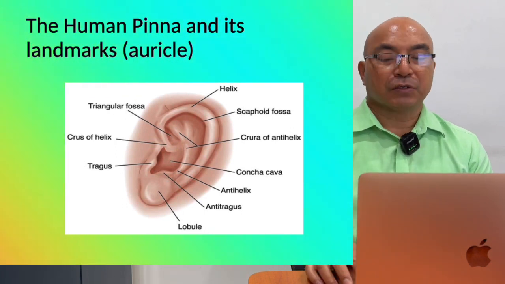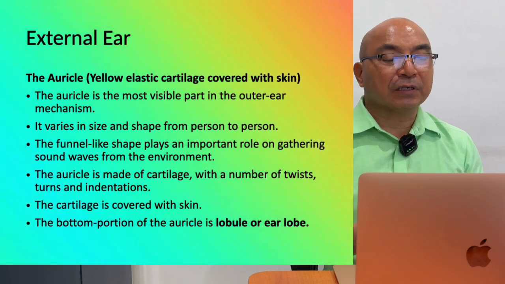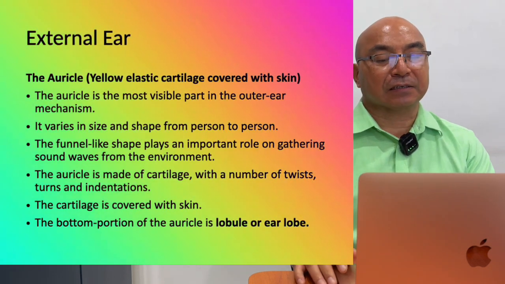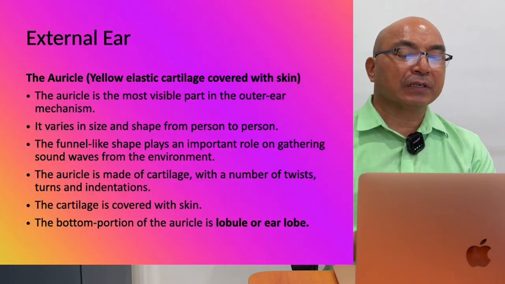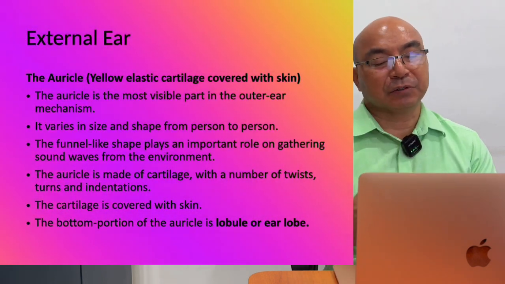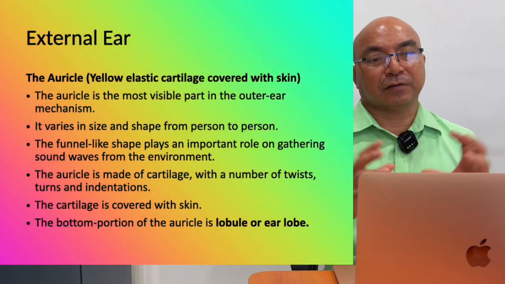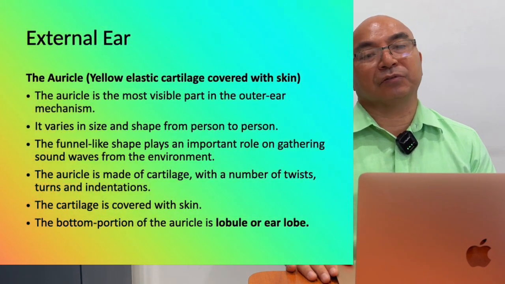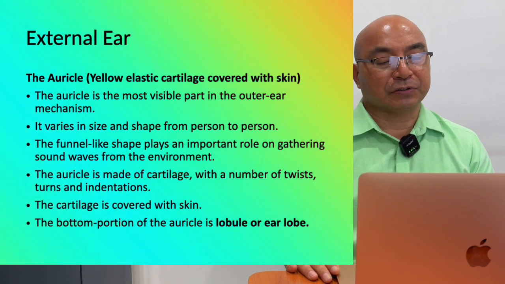In the external ear, we have the auricle, which is a yellow elastic cartilage covered tightly with skin. The auricle is the most visible part of the outer ear that you can see from the front. It varies in size and shape from person to person.